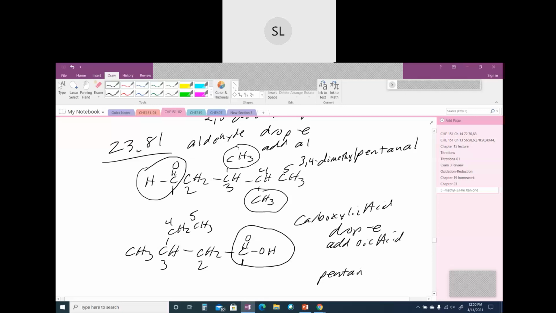And so we have pentanoic acid. All right, but off of carbon number 3, we have a methyl. So the pentanoic acid is these 5 carbons. When you name pentanoic acid, you've named those 5. But off of carbon 3, we did not name that carbon yet. So that is a 3-methylpentanoic acid.